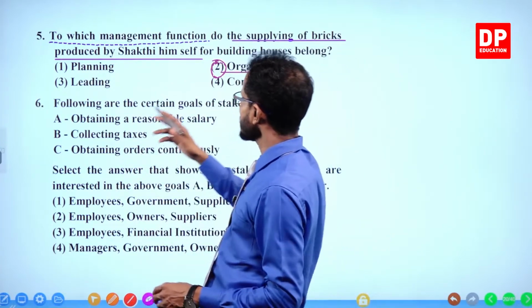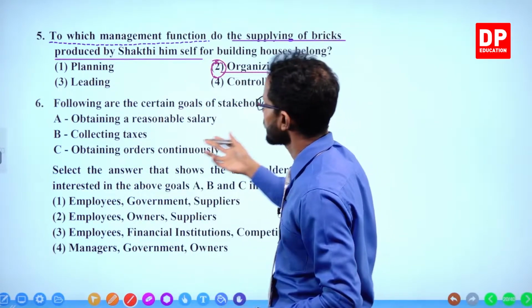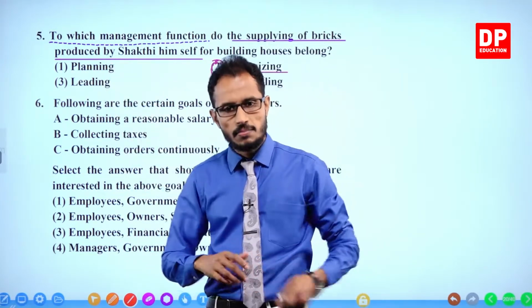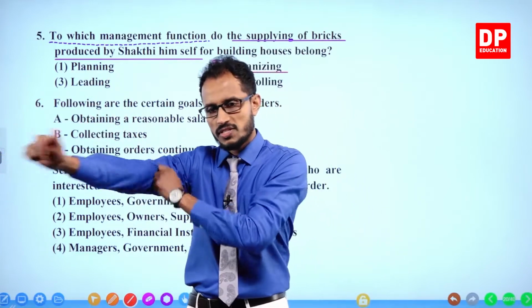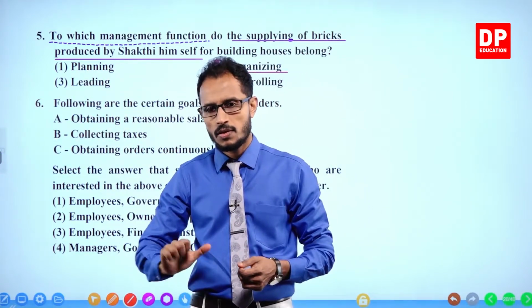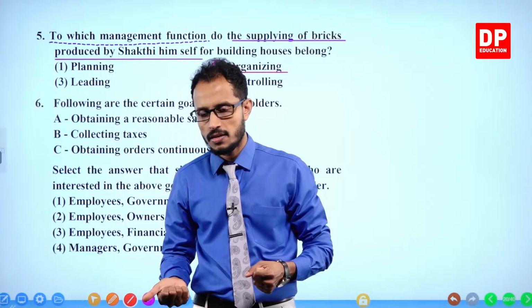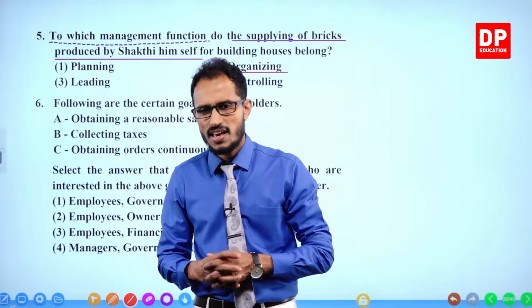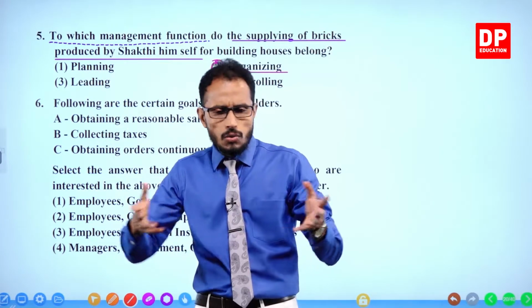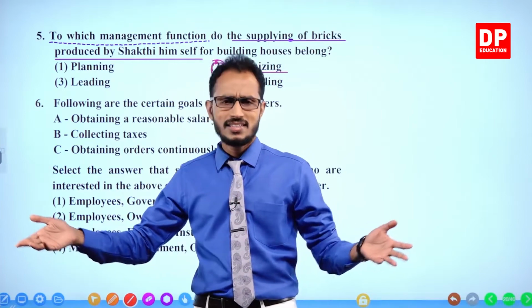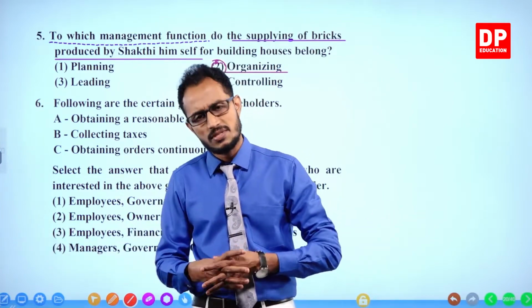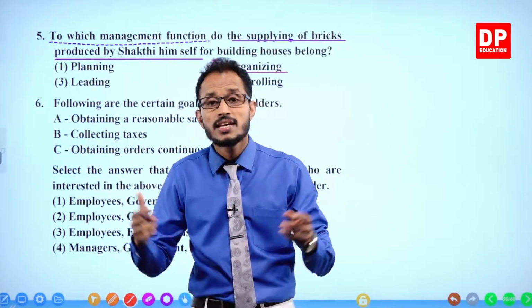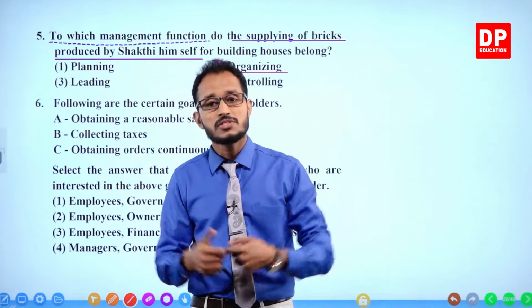6th one: following are certain goals of a stakeholder. Certain goals of stakeholders. We know who stakeholders are. Really? Yeah, all parties in a business and outside a business who are interested in that business.